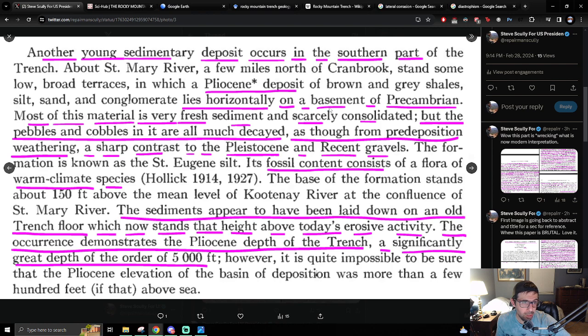Deposit lies horizontally on a basement of Precambrian. Most of this material is very fresh sediment and scarcely consolidated, but the pebbles and cobbles in it are much decayed, as though from pre-deposition weathering, like the flood weathering it, a sharp contrast to the Pleistocene and recent gravels.